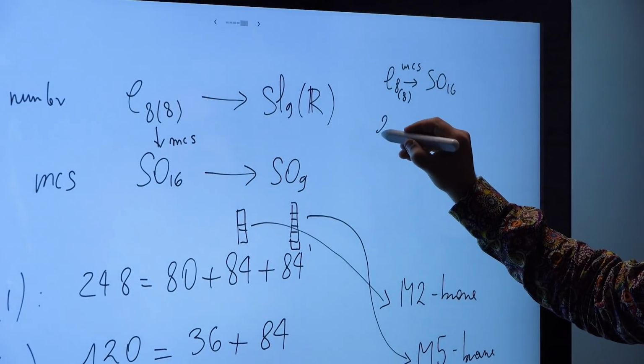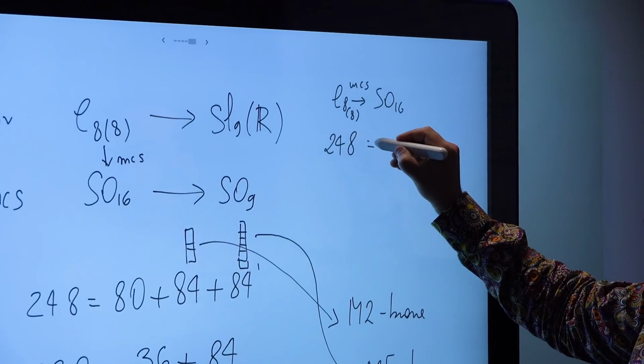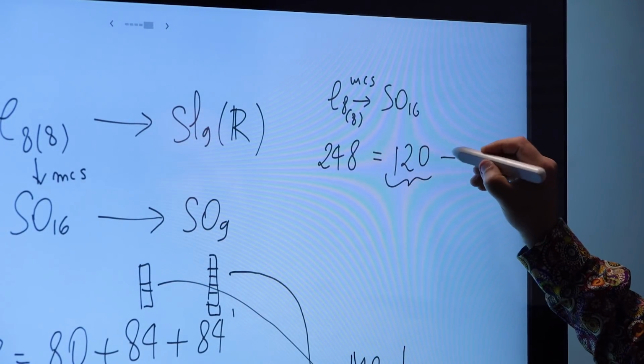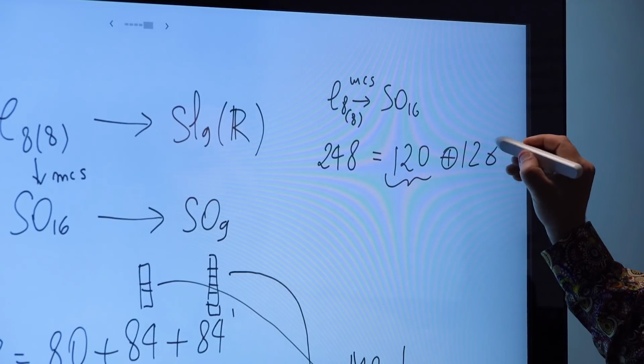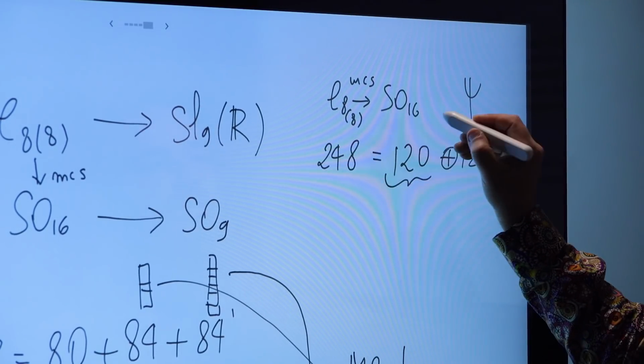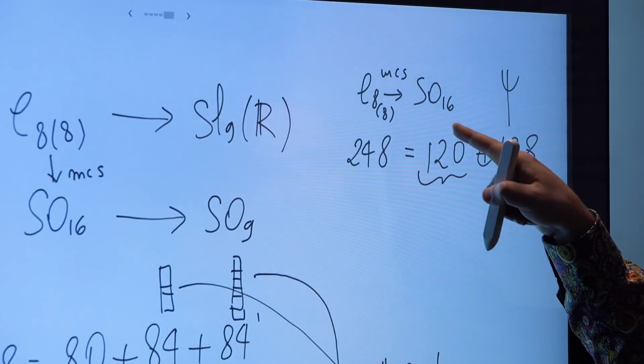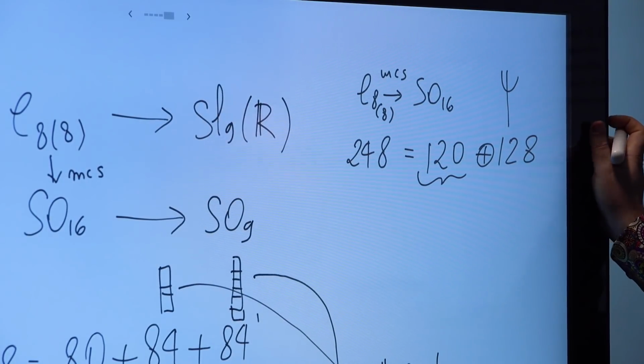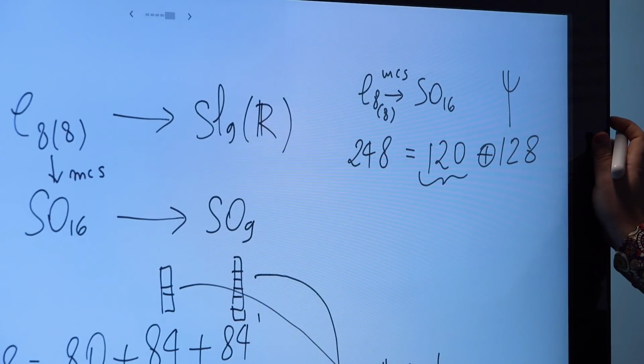When we do this, we have that 248 is given by still the adjoint of the SO16 plus the spinor. This is a chiral spinor in 16 dimensions. In this case, we have all Euclidean dimensions, and this is a chiral spinor of dimension 128.